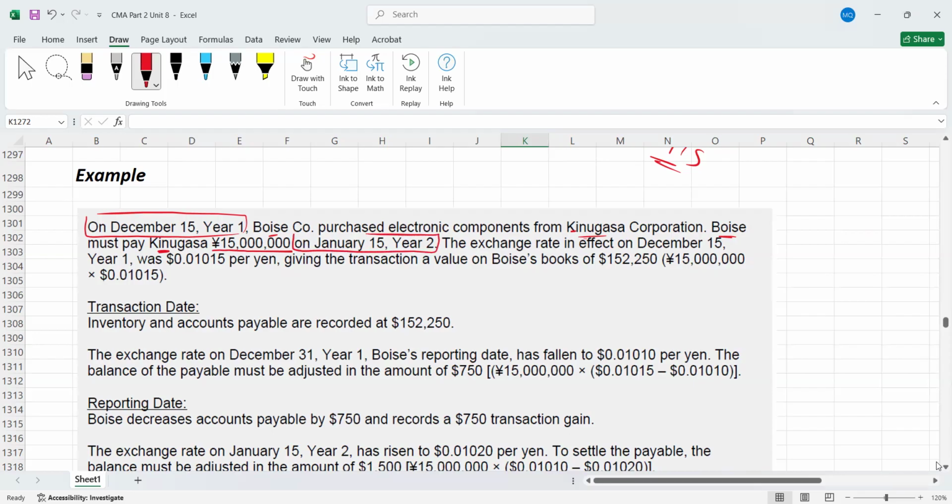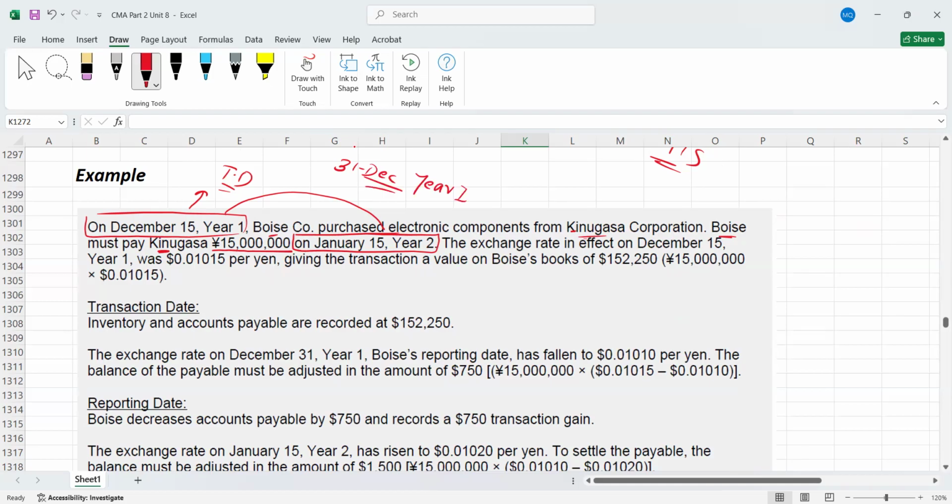So this is the transaction date when you initiated the transaction, which is 15th December year 1. And this is the settlement date when you will actually make the payment, which is January 15 year 2. In between these two dates there is a year end, which is 31st December year 1.